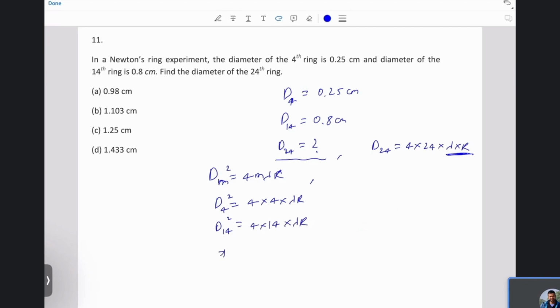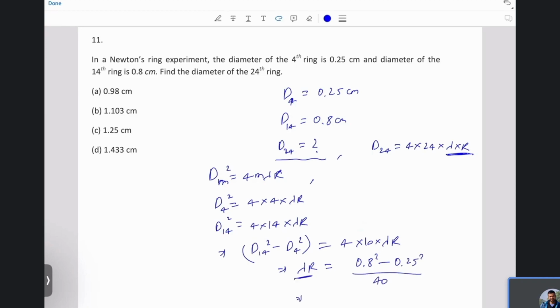You can subtract these two, right? So d14 square minus d4 square is equal to 4 into 10, since 14 minus 4 is 10, into lambda R. So now you have lambda R, which is equal to 0.8 square minus 0.25 square, divided by 40.